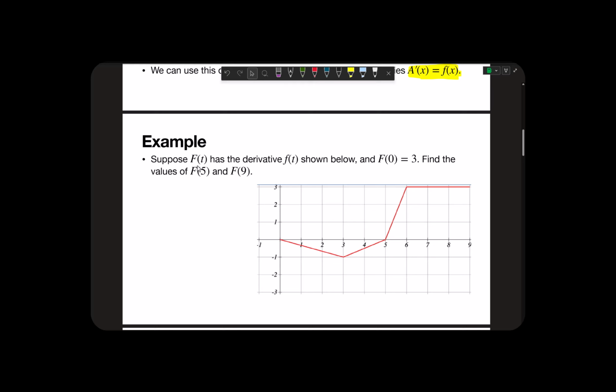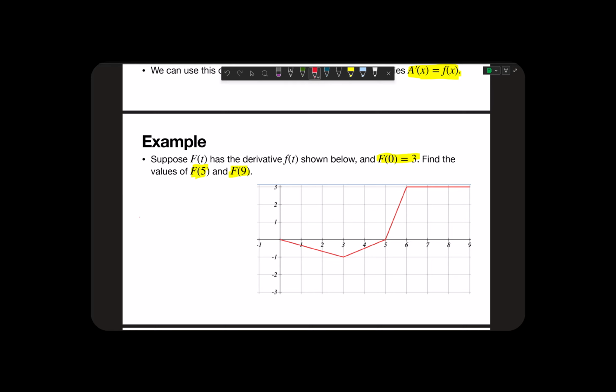Now let's look at a graph. Suppose f(t) has the derivative shown below. So this is a graph of the derivative. F(0) equals 3, and I want to find f(5) and f(9).